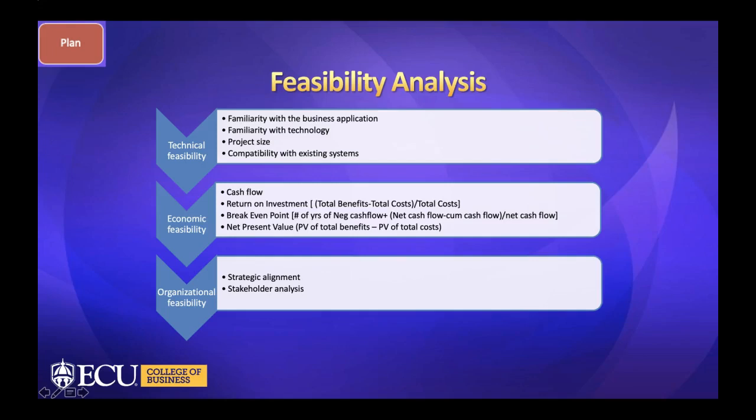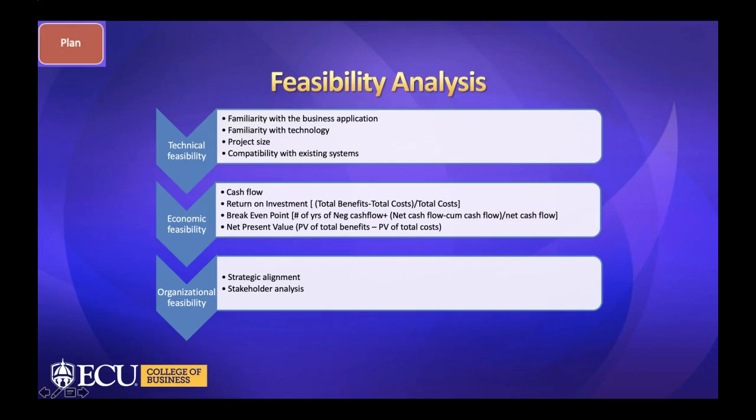Okay, so the last one is organizational feasibility. This asks: if we succeed with this information systems implementation, and the technology is there, will people use it? A lot of this might be surprising to you, but a lot of companies fail at this point.